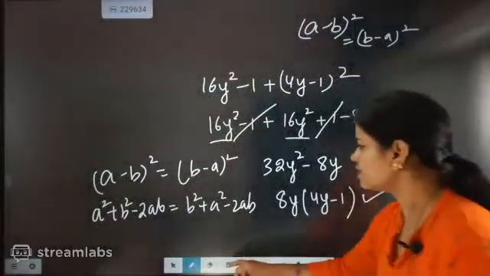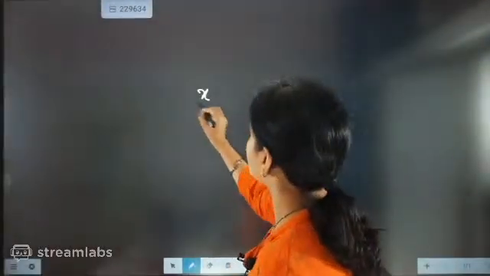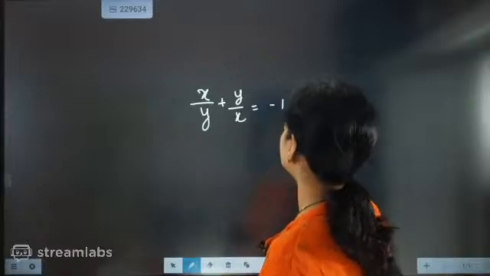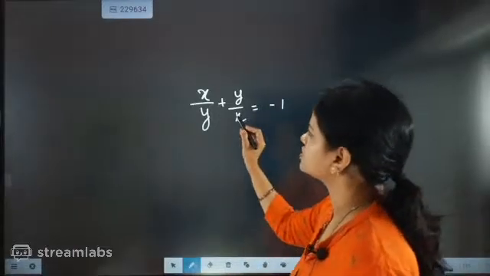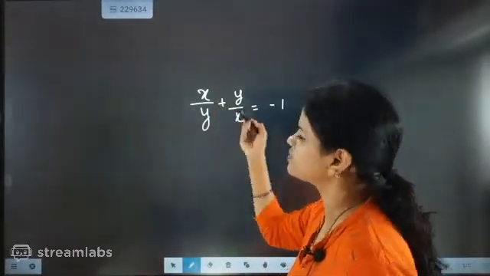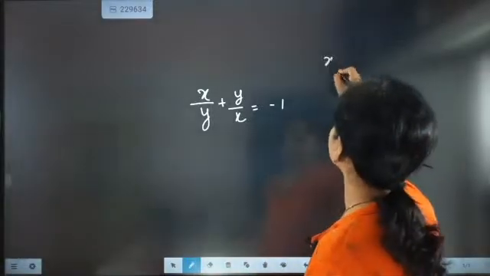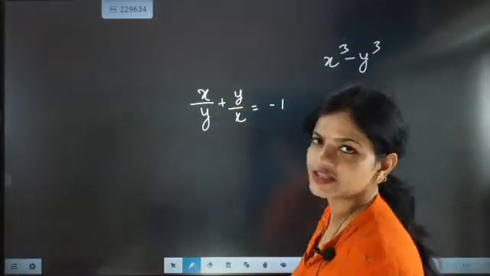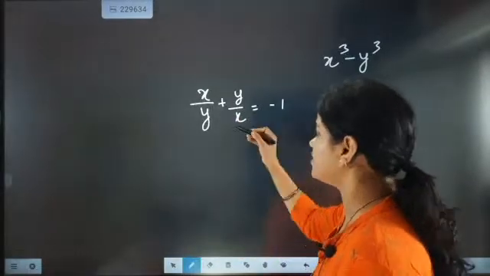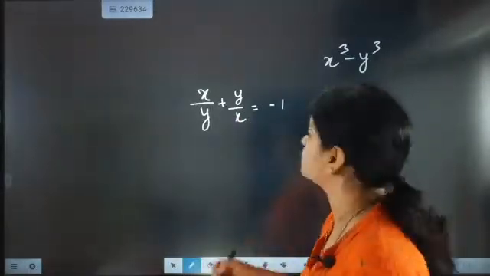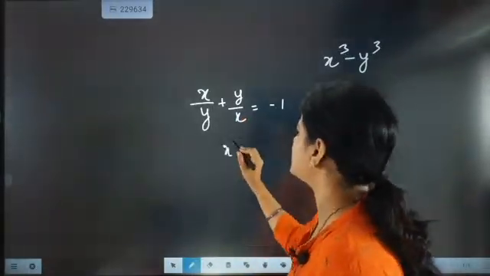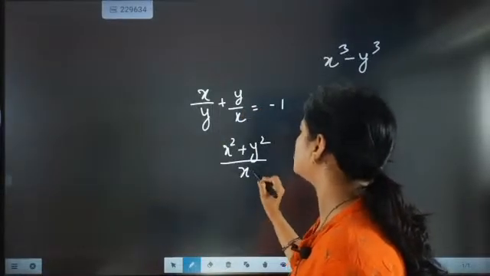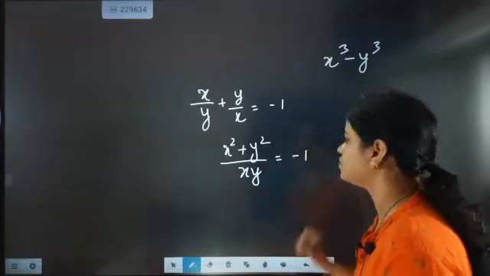Now look here. In this question they are telling x/y plus y/x equal to minus 1. So first we will take the LCM and cross multiply. It is coming as x² plus y² over xy equal to minus 1.